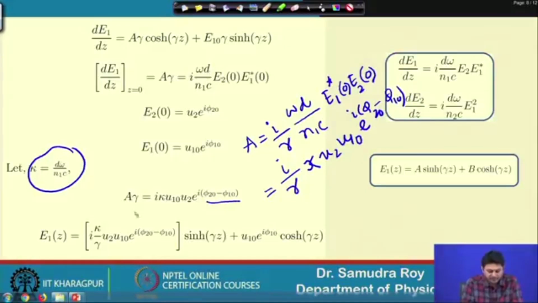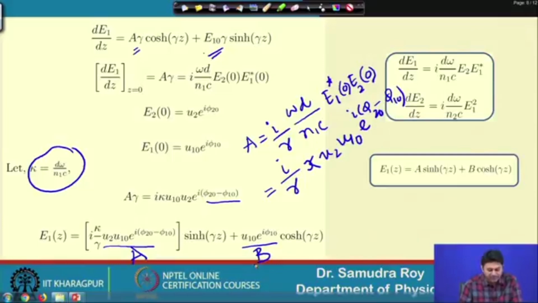So, we have a phase associated with A, and once we have the A and B together, I can put this A value here, and here we have already E0, which is our B. So, we will get simply A, this is our A that we have just derived, and this is our B, which we have derived in the previous slides. So, we have a total electric field E1 in this particular form.